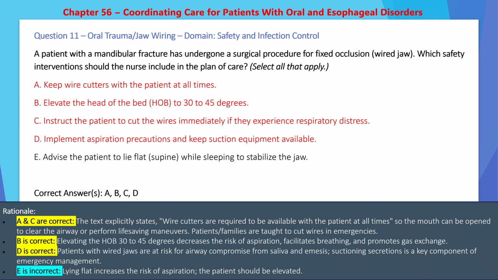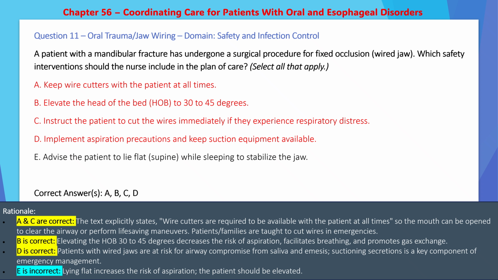A and C are correct because wire cutters are required to be available with the patient at all times, so the mouth can be opened to clear the airway or perform life-saving maneuvers. Patients and families are taught to cut wires in emergencies.